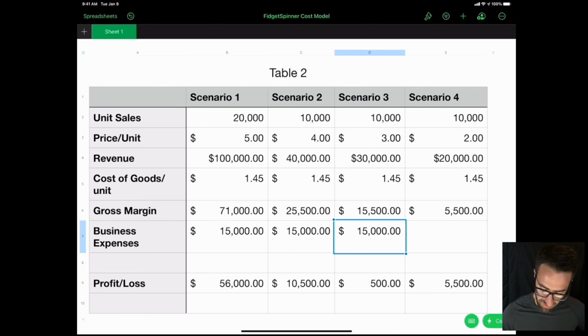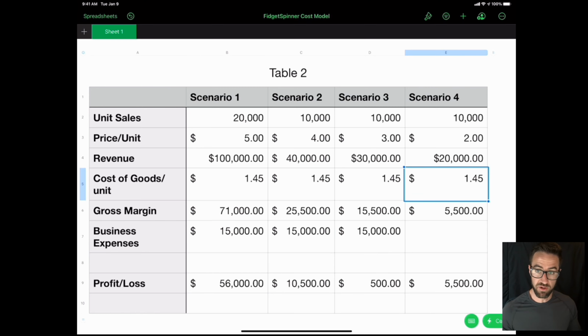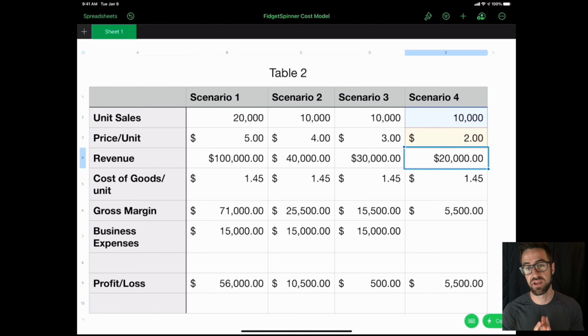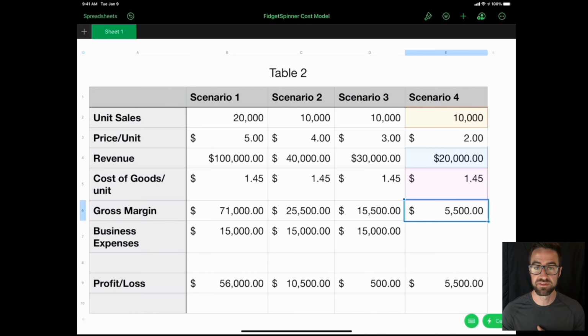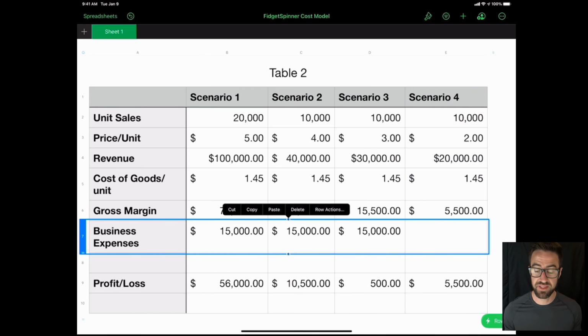After you pay for your product cost, which is $1.45 per unit, and that's $14,500, right? After you pay that, your $20,000 of income, your revenue here is then reduced to $5,500. Now you got to pay the bills that historically, right, is $15,000 a month.